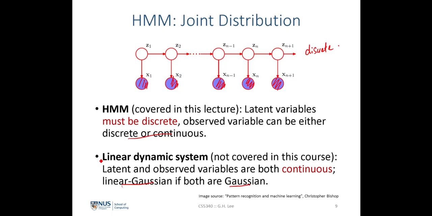If you are interested, you might want to look at the particle filter algorithm or the Kalman filter algorithm, which is used to infer linear dynamic systems. Unfortunately, we do not have enough time to cover this in our course, but I strongly encourage those who are interested to look into these two pieces of literature, which can be very interesting.